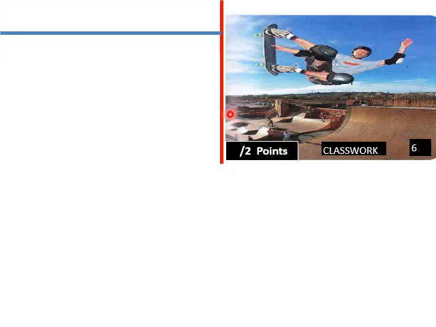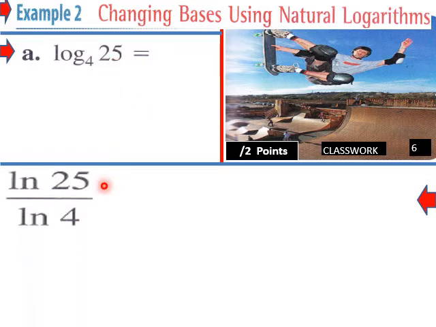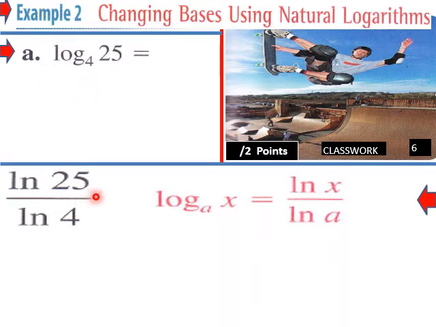Okay, let's move into example 2, changing bases using natural logs. So now we're going to change this using natural logs. We've got log base 4 of 25. The way we're going to do this is take the natural log of 25 over the natural log of 4.